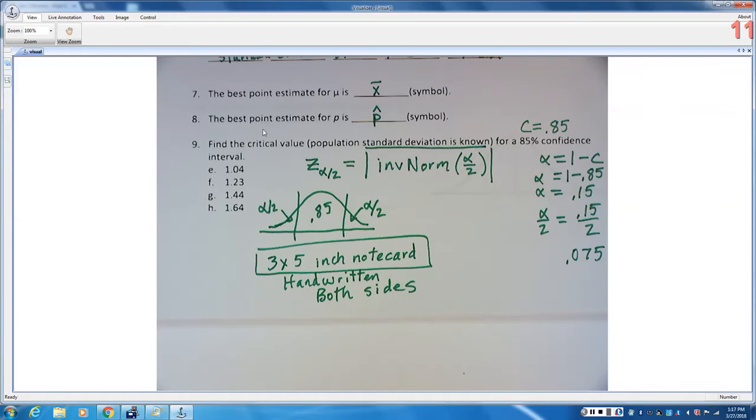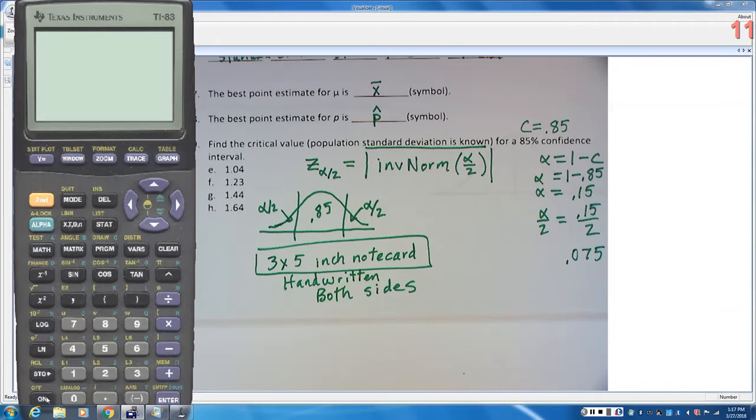Okay. All right. So we do this in the calculator. Second distribution, inverse norm of 0.075, right?